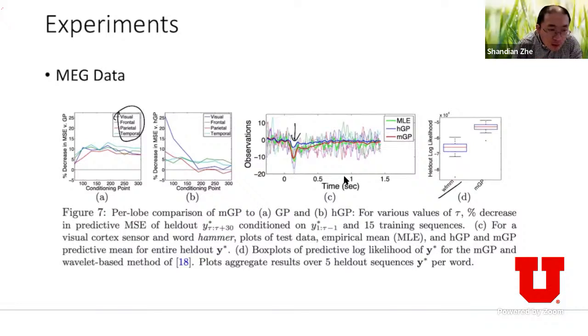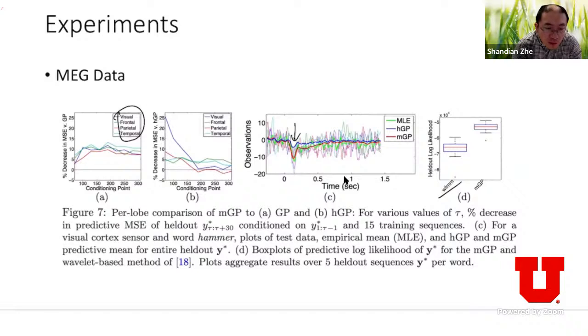Okay, it looks like when the number of data points is small, the decrease of MSE is much more significant than HGP. But when you have like 300 data points, the advantage is not that significant. It's less than 5%.